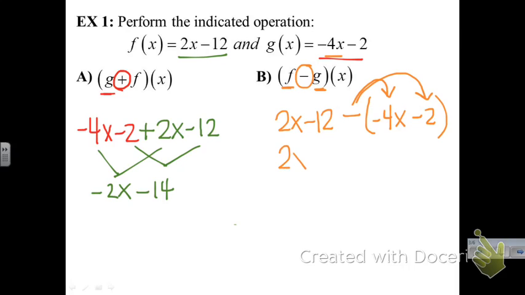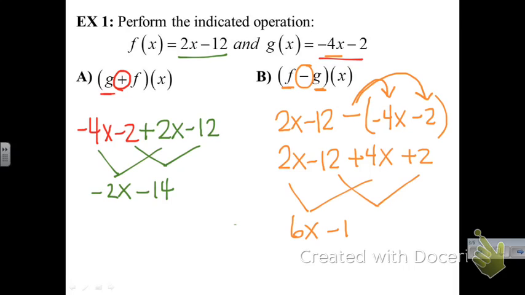So before you can combine like terms, we have to distribute the negative through. So a negative 4x becomes positive 4x. And the negative to the negative 2 becomes positive 2. And then from here you combine like terms. Our 2x plus a 4x gives us 6x, and the negative 12 plus 2 gives us negative 10. And that is as simplified as that can get.